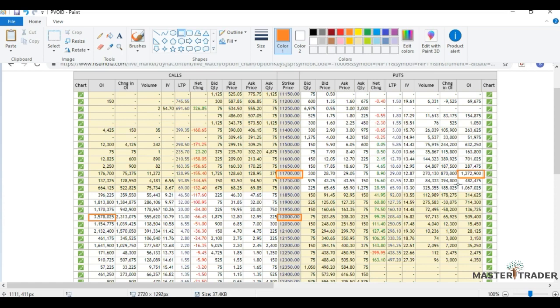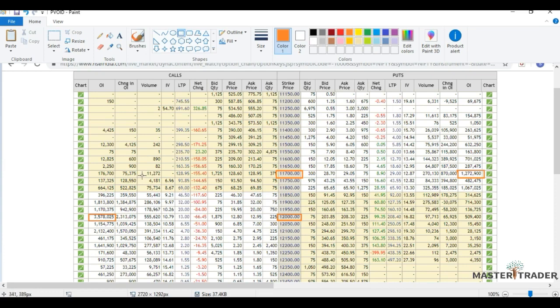Now, if you sell a put option, that means you are bullish on the market. So this negative data means that people are buying put options or they're exiting their sell position. So in this case, it may indicate that they may be bearish at that particular price level.